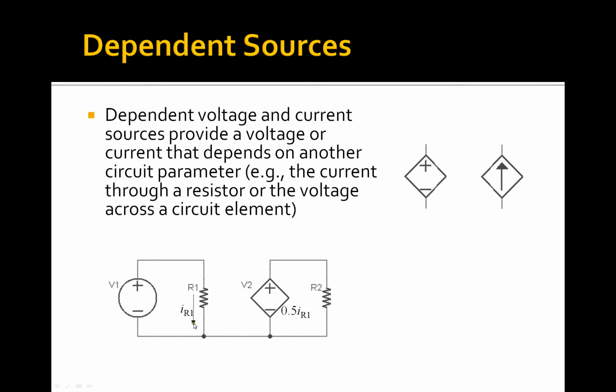For example, if the current through resistor 1 happens to be 1 amp, this voltage supply will provide half a volt across resistor R2. Similarly, if 10 amps pass through resistor 1, this will be a 5 volt supply.